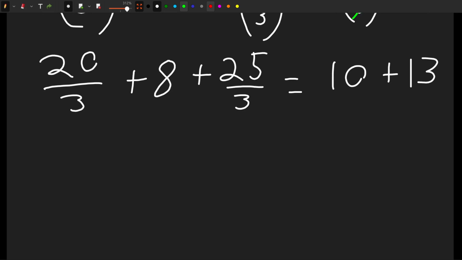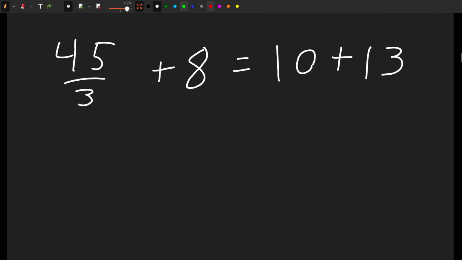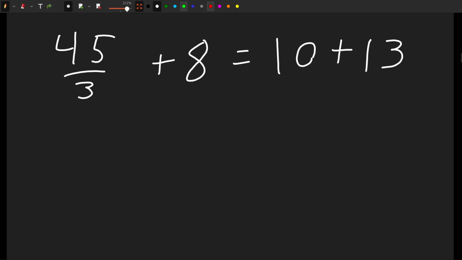On the left-hand side, I'm going to combine the fractions, and so I'm going to get 45 over 3 plus 8 is now equal to 10 plus 13. And so 45 over 3 is actually 15, because 3 times 15 gets you to 45.